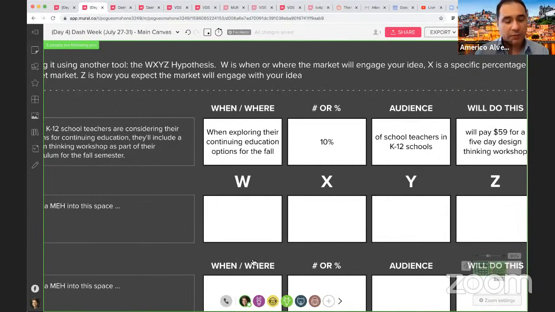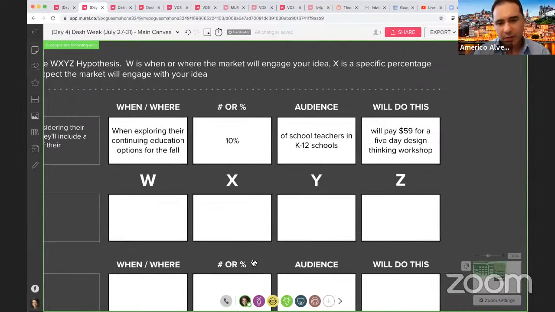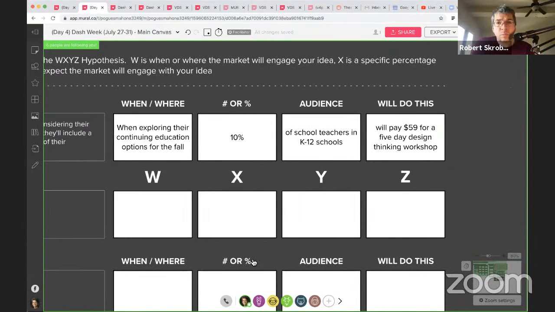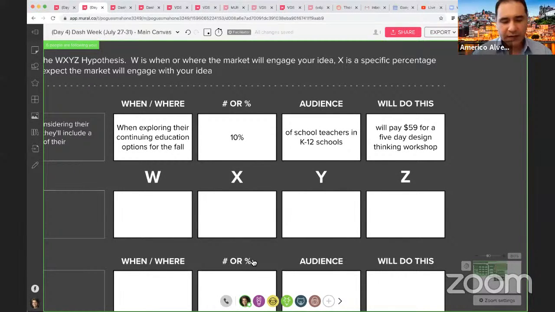That's also true. When we were doing this a couple of months ago, we would put a number just by guessing. And now we have a market signal to set limits in our construction of the market engagement hypothesis.